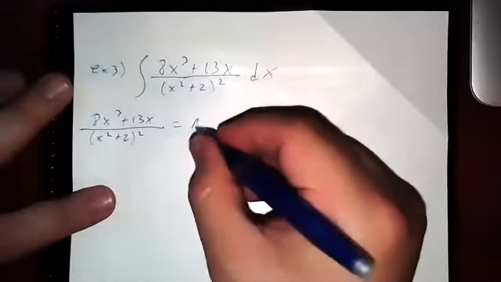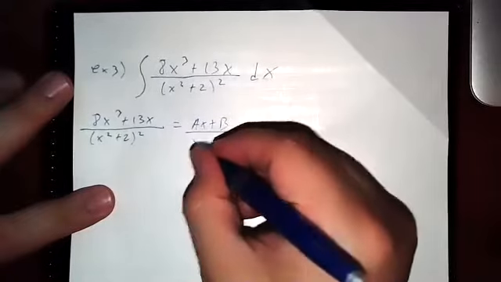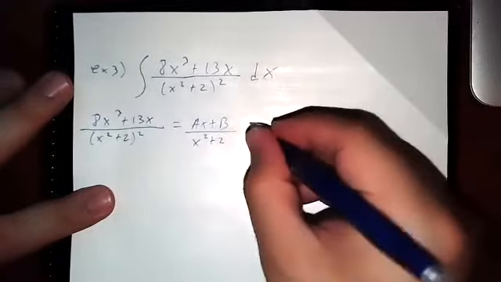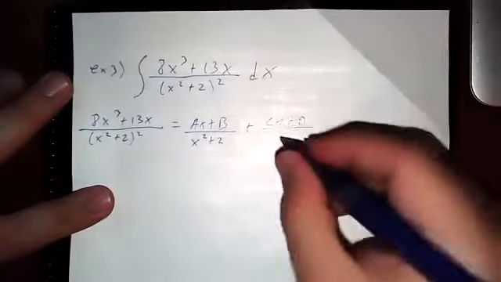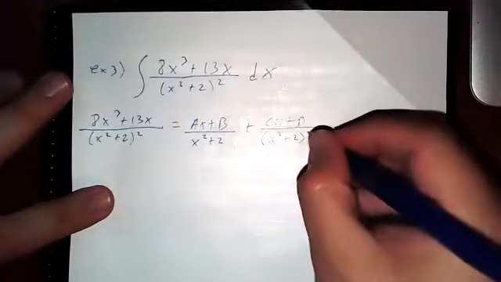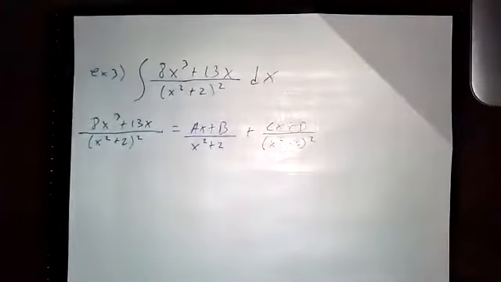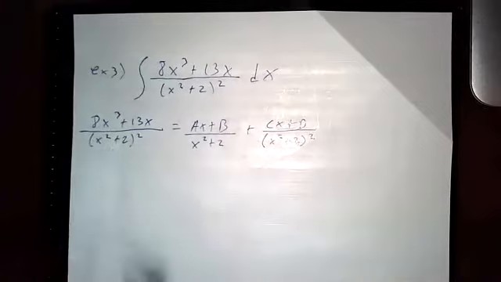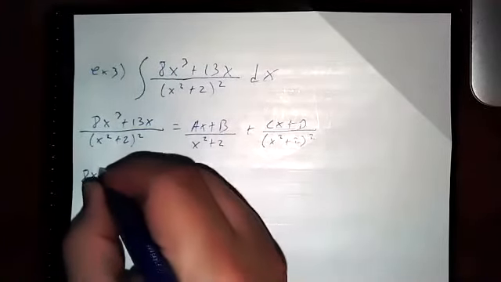So we're going to write ax plus b over the first one because it's repeating, plus cx plus d over the next one. So cancel the fractions and then start equating the coefficients. So multiply both sides by this LCD. Left side will always end up with just the numerator.